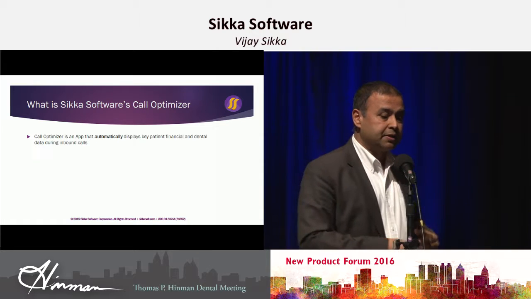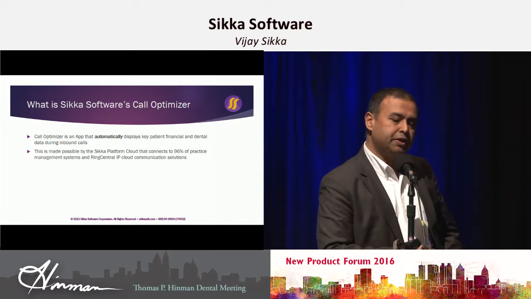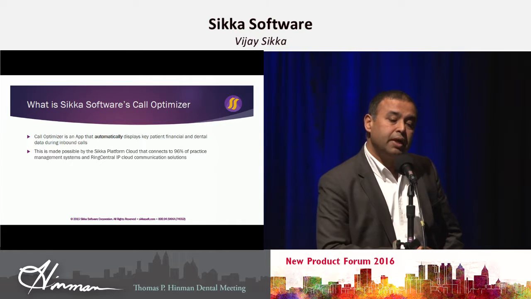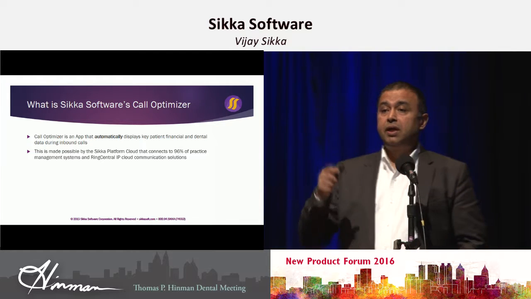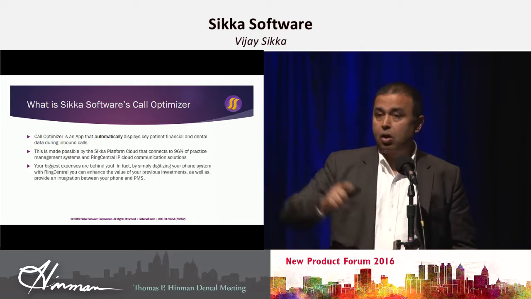So it's Call Optimizer. It's an app that automatically displays key patient information, financial and dental data, during the inbound calls. And it's made possible because it can seamlessly integrate with the practice management system, and all of them.